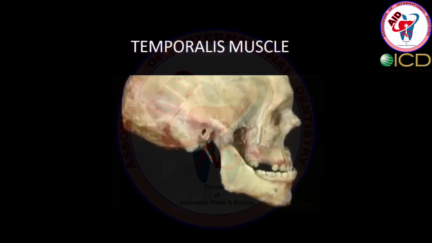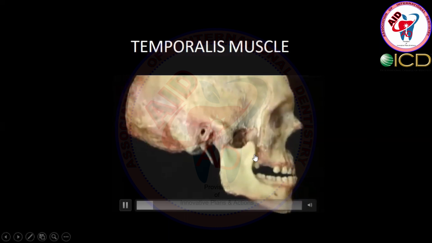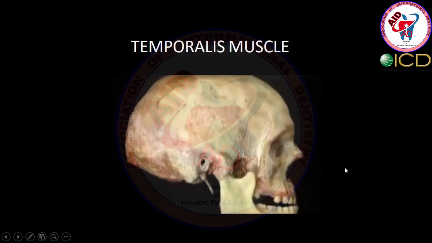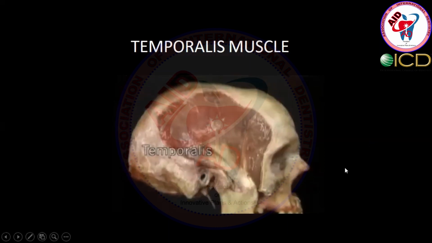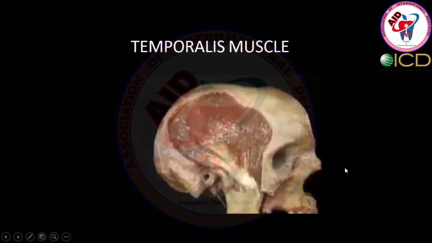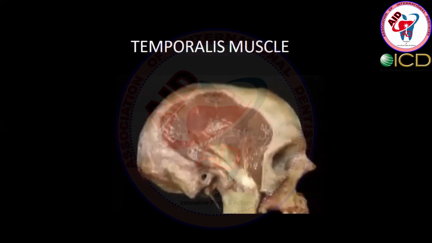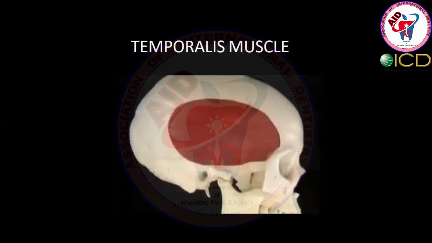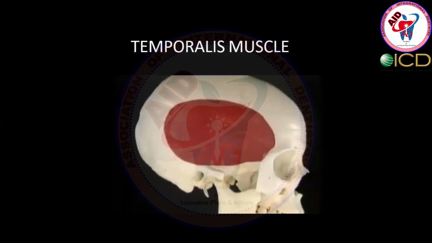Now, when you see by removing and placing the coronoid process and placing the temporalis muscle like here, you will see a good big fan, and it is anteriorly as well as posteriorly like this. And this whole area is the origin of the temporalis muscle.